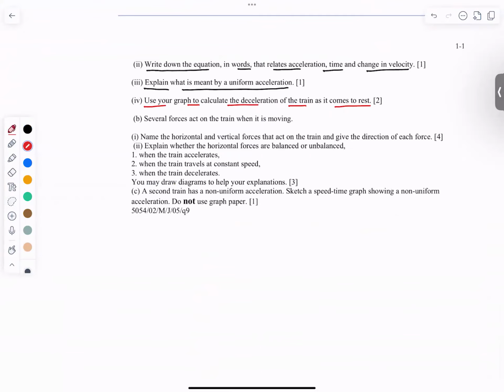Now, the next part of the question. Several forces act on the train when it is moving. Name the horizontal and vertical forces that act on the train and give the direction of each force.